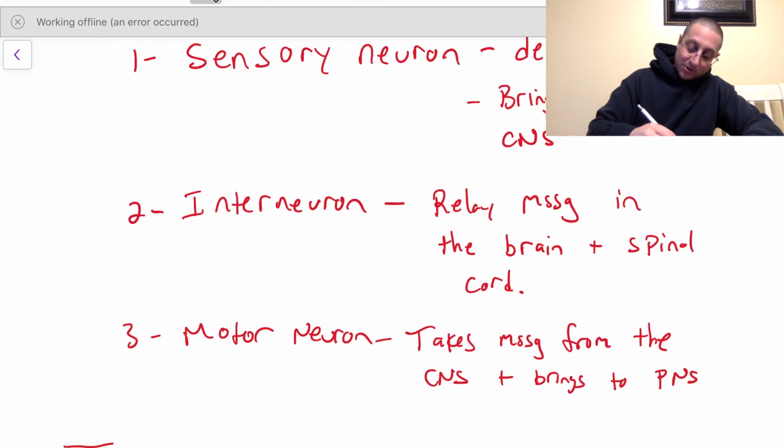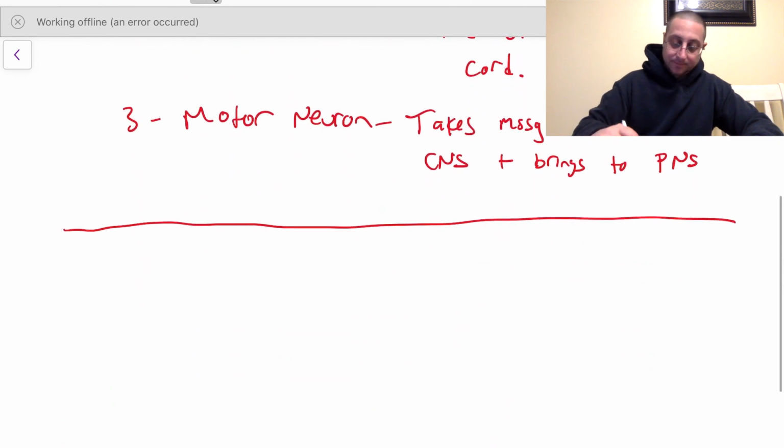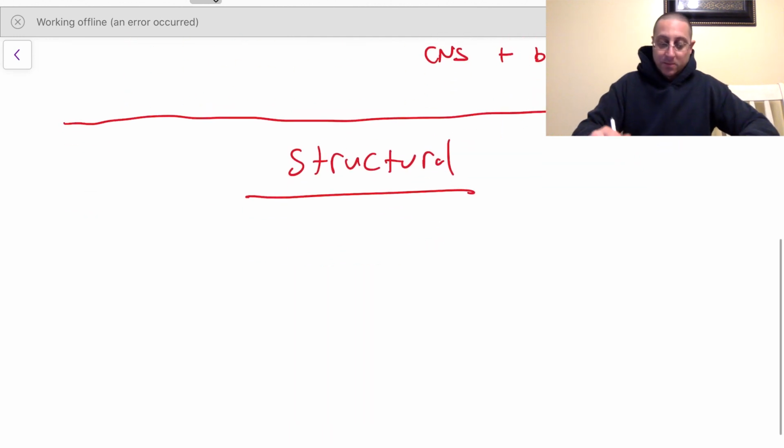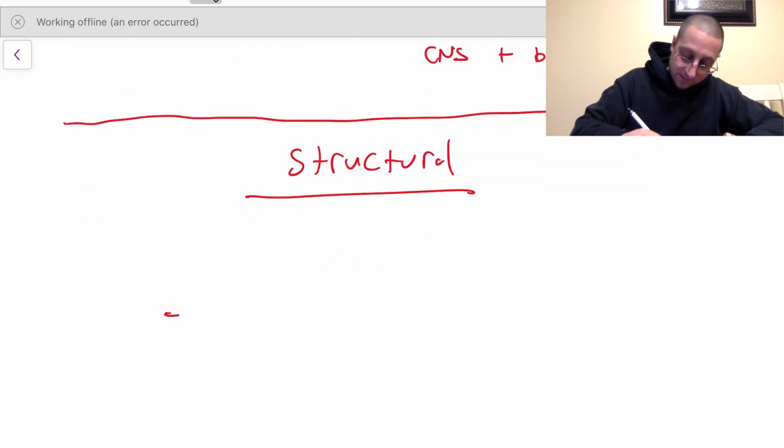Alright, structurally, we have three different types of neurons. The first one, one of my favorites, looks like this.